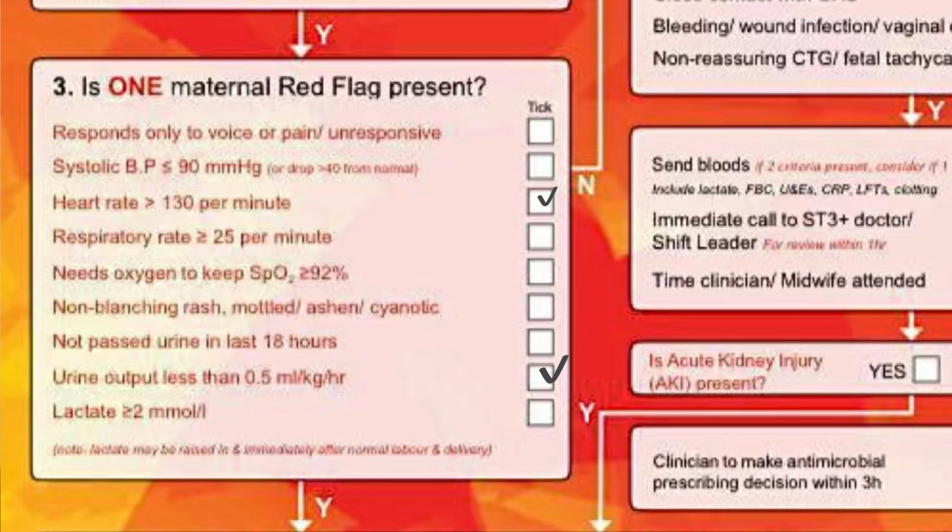That was, let's say, 5 hours ago. But over here, they are asking 0.5 mils per kilogram per hour. What is your patient's weight? For example, my patient is 70 kilogram. And they said they just need 0.5 mils. So if it's 70 kilogram, that means that your patient should be passing at least 35 mils per hour.